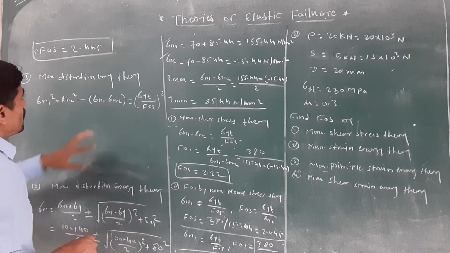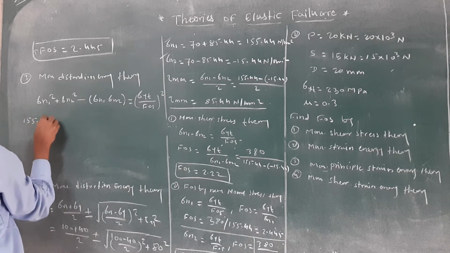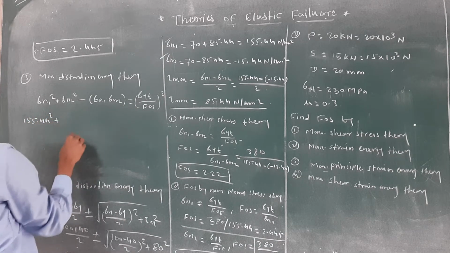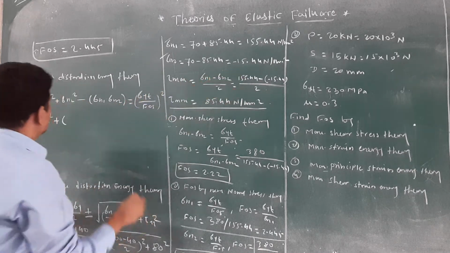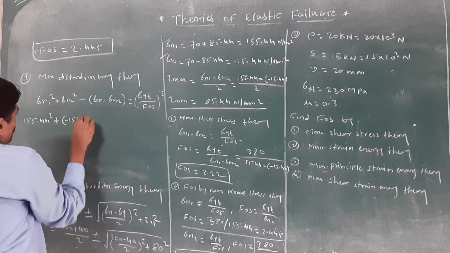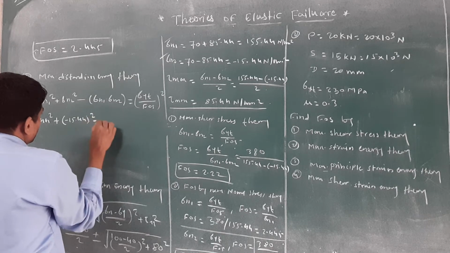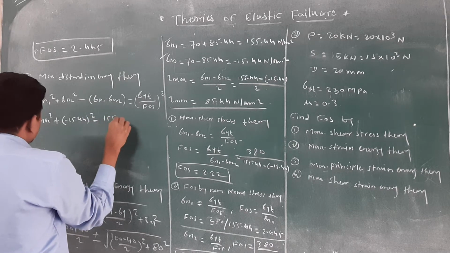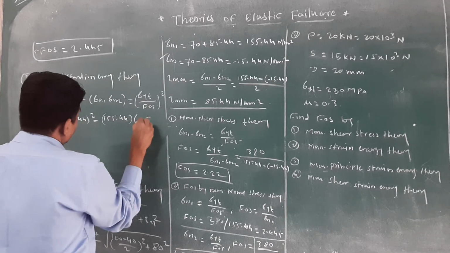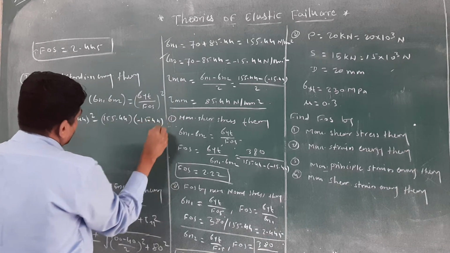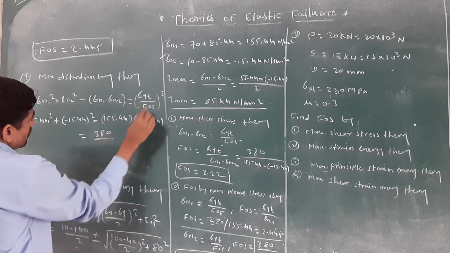Then put the value. What is the sigma N1? 155.44 square plus sigma N2, which is minus 15.44, square, minus sigma N1 into sigma N2, that is 155.44 into minus 15.44, is equal to sigma Y, which is 380, divided by factor of safety, square.